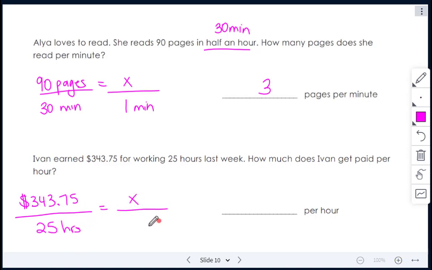What is he getting per hour? So in 1 hour. Again, cross multiply and then divide. You'll have to use your calculator for this. 343.75 divided by 25. He's getting $13.75 per hour. Not bad.